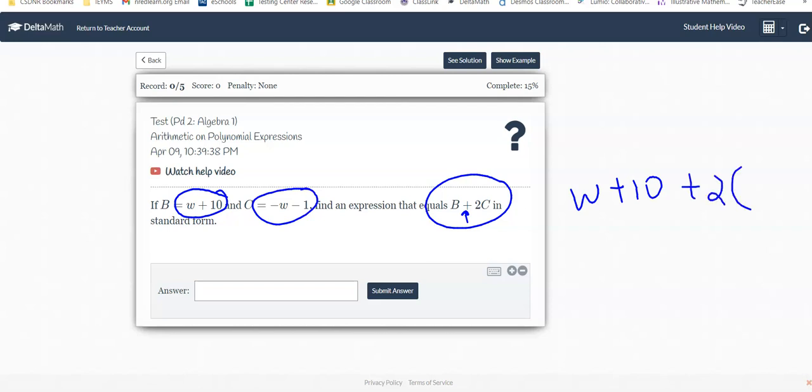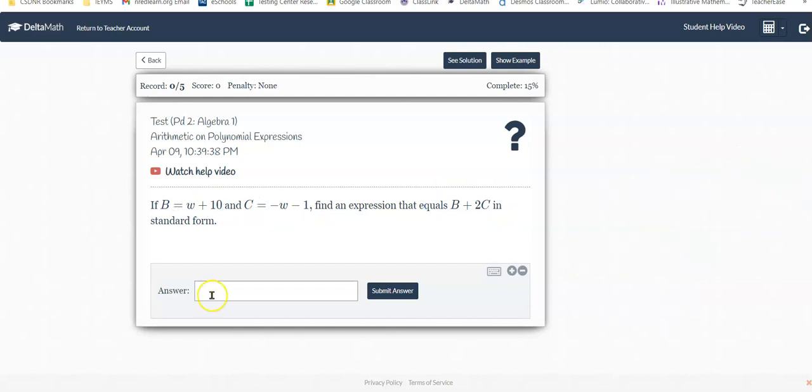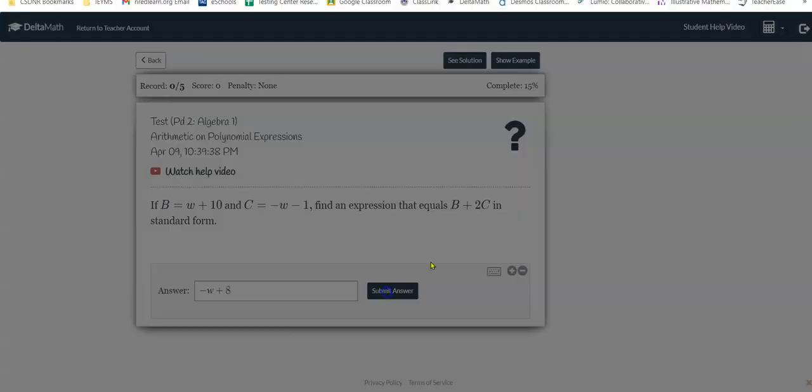So we're going to put parentheses around c because we need to double it. So w plus 10, and now we distribute. Minus 2w minus 2. Combine like terms. Minus 1w plus 8, or minus w plus 8.